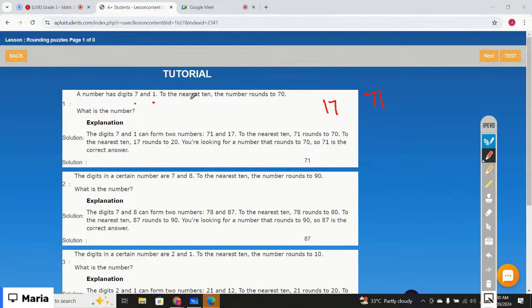The second thing you are given is to the nearest 10, the number rounds to 70. So which number is rounded to 70? 71 or 17? 71 is rounded to 70, right? That means the number is 71.